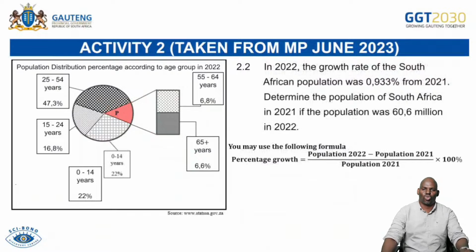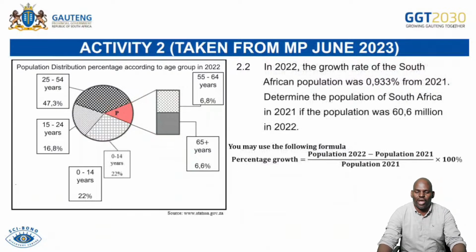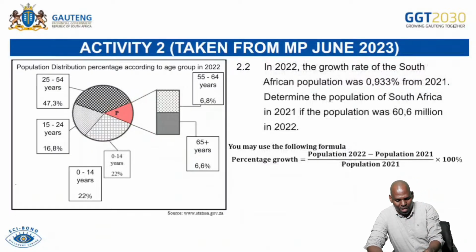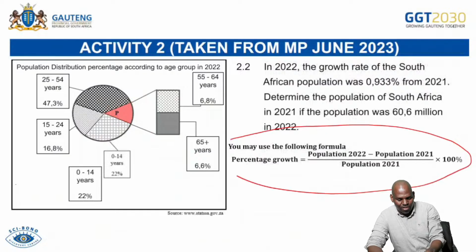Boys and girls, you should know how to calculate percentage increase or percentage decrease, or you should be able to use the formula when the information is given. Unfortunately, in this case, we don't calculate the percentage increase, but the percentage increase is given. If you look at this formula, we need to know, are we calculating this?